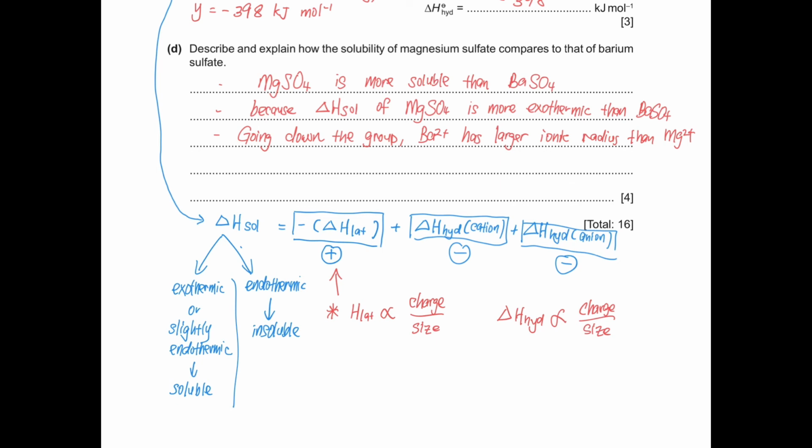So when the size is getting bigger, then the delta H lattice is getting smaller. Be careful when I use getting smaller here. Getting smaller means smaller in magnitude.